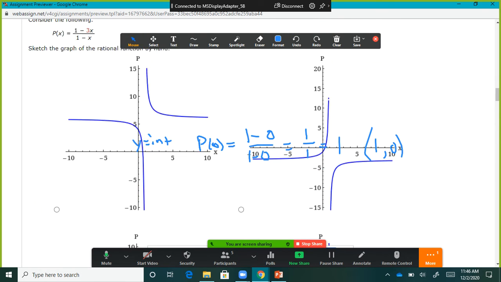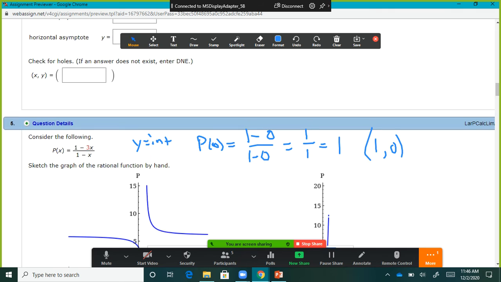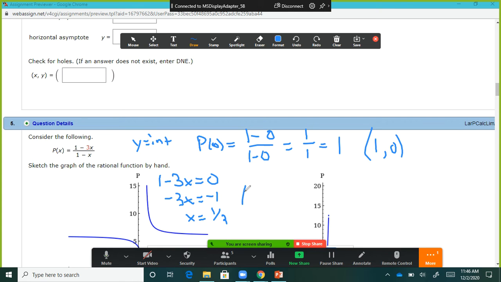To find the x-intercept, all right, remember we just take the numerator and set it equal to 0 and solve it. So I'd subtract 1 and divide by -3, and I'm going to get x equals 1/3. Right?